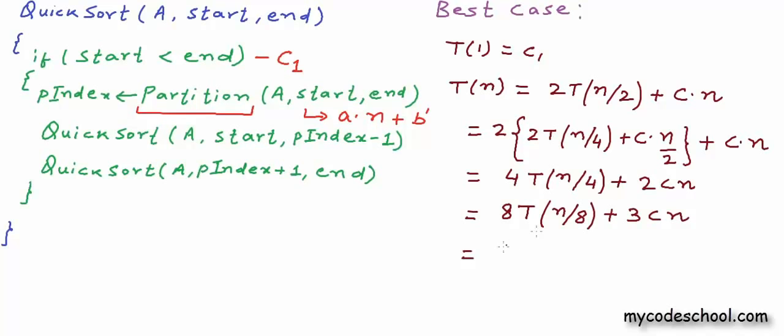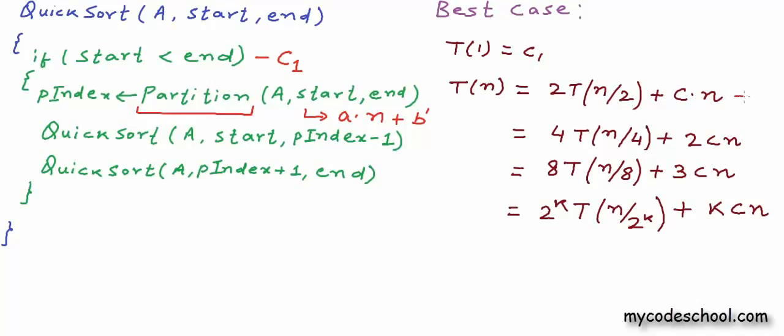In terms of some generic k, we can reduce this expression like 2 to the power k T(n upon 2 to the power k). This will happen if we go reducing k steps. In the fourth step, when k will be equal to 4, this will be 16T(n upon 16) plus 4cn. I'm saying this is the first step, this is the second step, this is the third step, and this is the kth step. This is kth reduction.